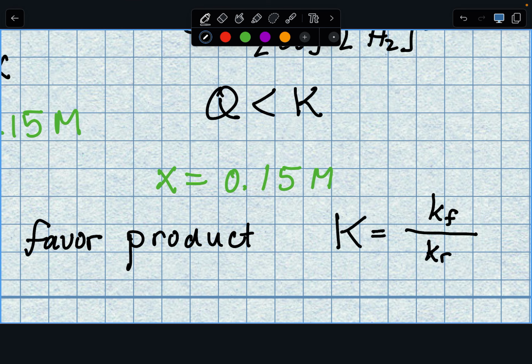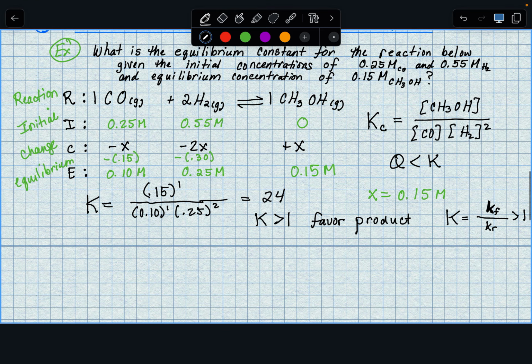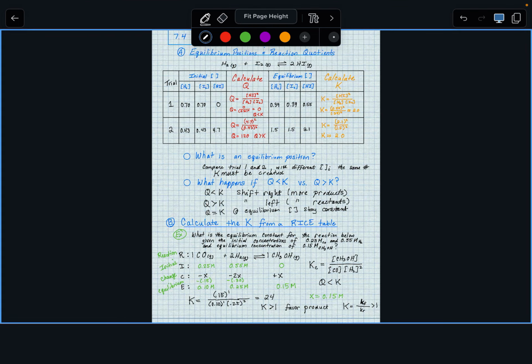So it just meant that the forward rate constant is larger than the reverse rate constant. In a previous video, I sort of just bolded that one. And that's how we end up with a K that's greater than 1. And that's just because the forward rate was more predominant in terms of the rate constant, okay? At equilibrium, the rates are equal, but the rate constant for the forward reaction was larger.